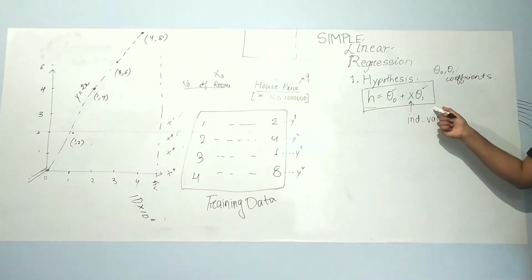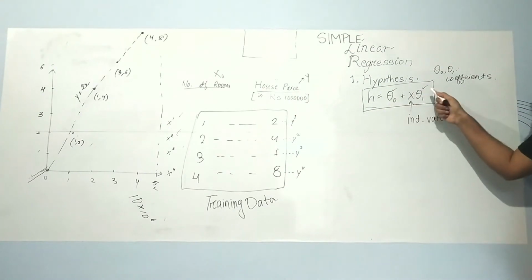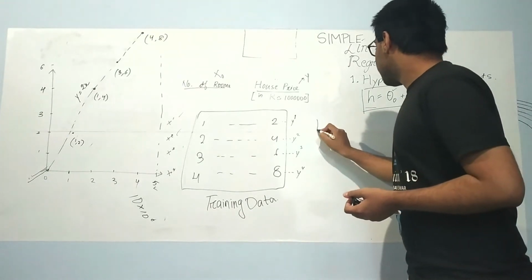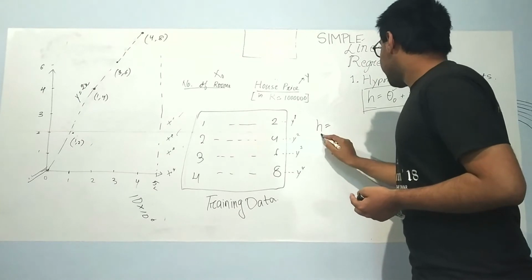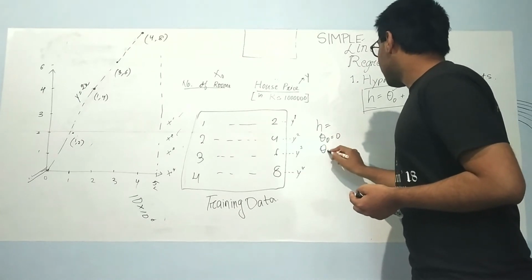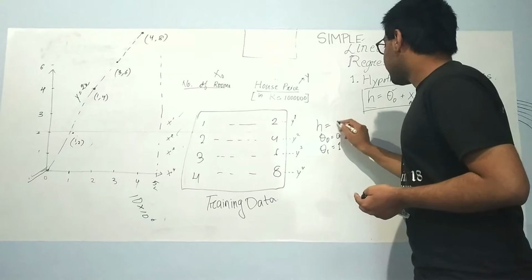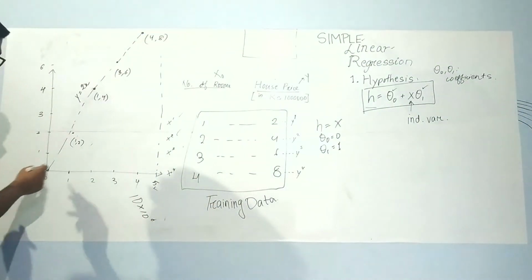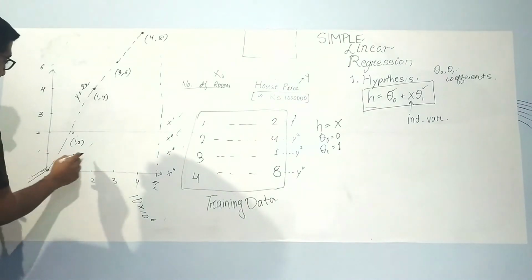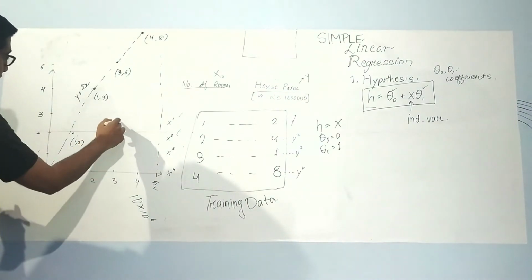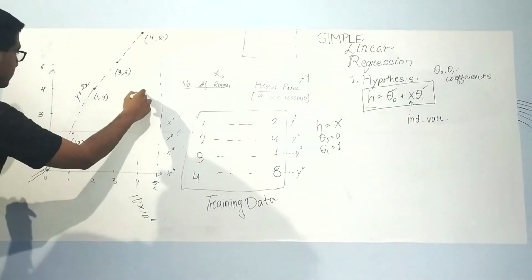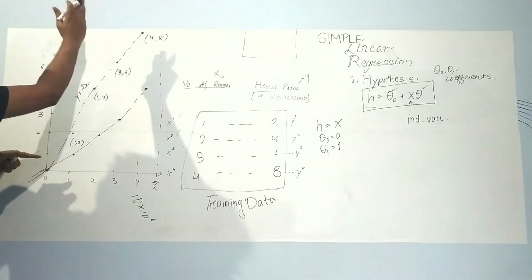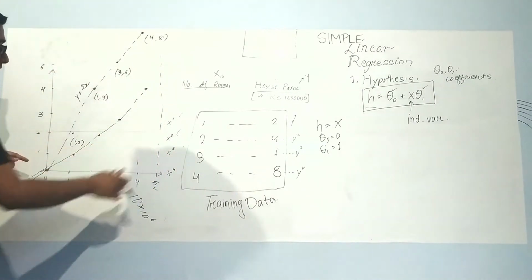So first we need a hypothesis, and we need to randomly initialize these coefficients. To make things simpler, let's take theta 0 equals to 0 and theta 1 equals to 1. So h equals to x. Plotting h equals to x, we get something like this, which is obviously not the correct line to fit all of these points.